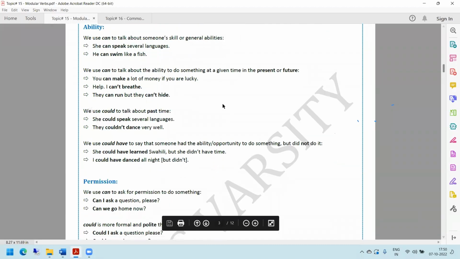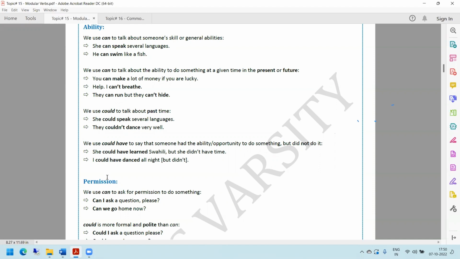Let me take, yeah, to express ability. We use can to talk about someone's skills or generic abilities. Like she can speak several languages. He can swim like a fish. So this is to express ability.